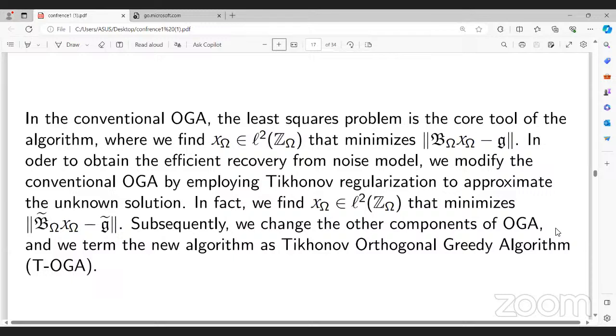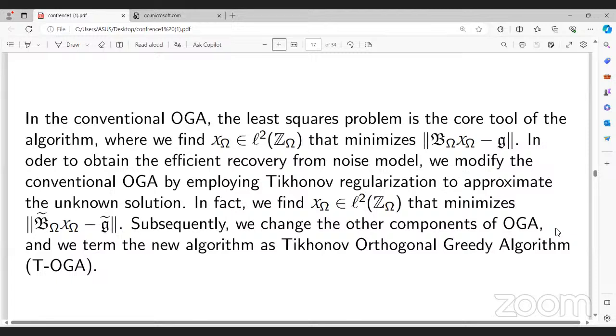In the conventional orthogonal gradient algorithm, the least squares problem is the core tool of the algorithm, where we find x omega in L2(Z^omega) that minimizes the norm of B omega x omega minus g. In order to obtain efficient recovery from the noise model, we modify the conventional algorithm by employing Tikhonov regularization to approximate the unknown solution.